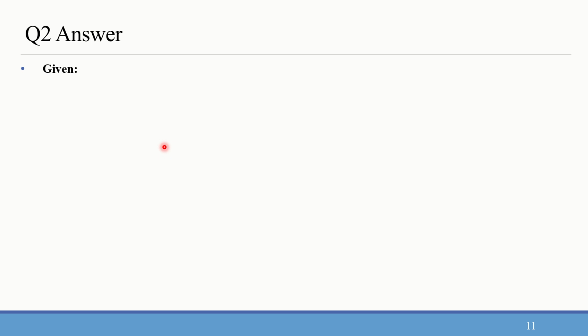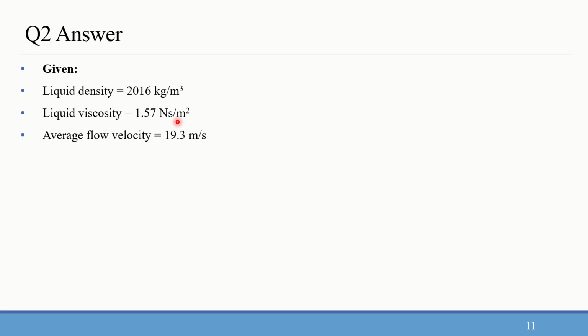Here the fluid that is flowing through the main pipe is oil, and its density is 2016 kg per meter cube. It is given in the question. And its viscosity is given as 1.57 Newton second per meter square. Flow velocity is also given as 19.3 meter per second.